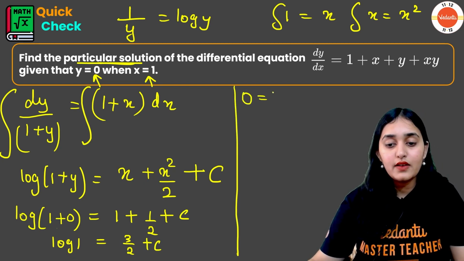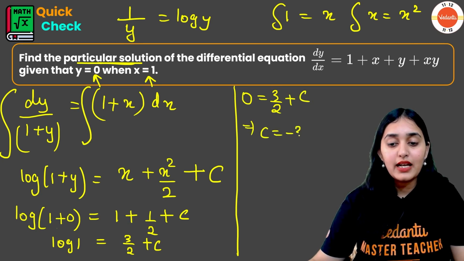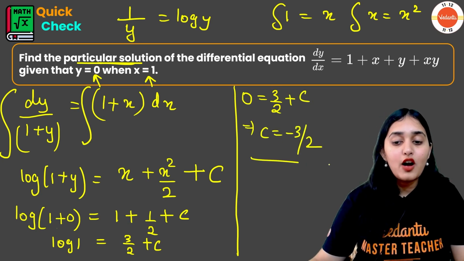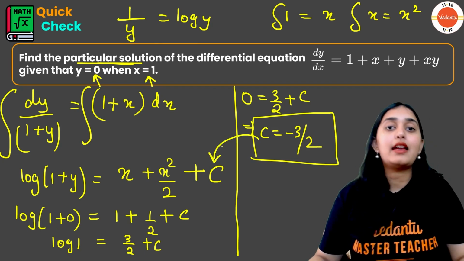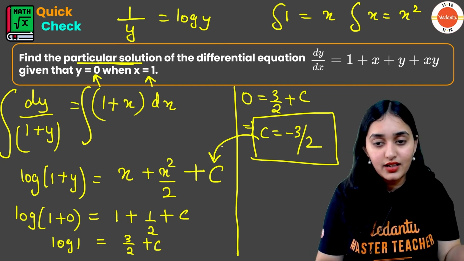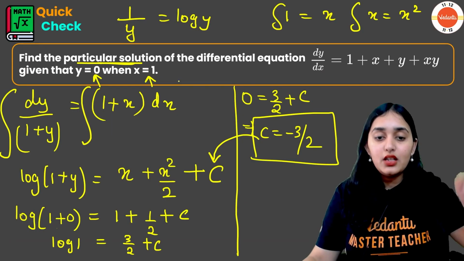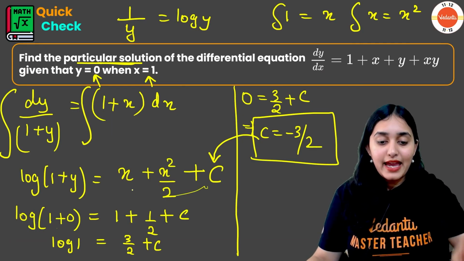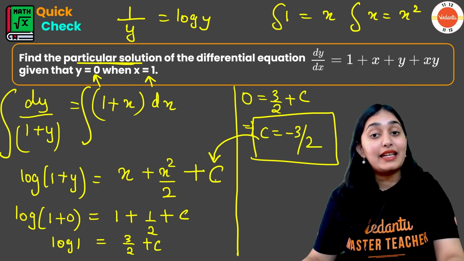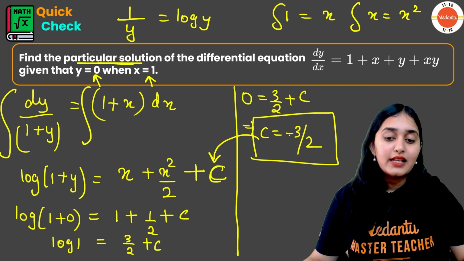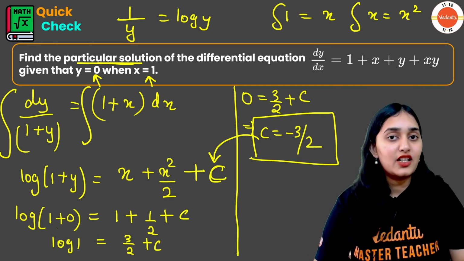So 0 is equal to 3 by 2 plus C. This implies that C is equal to minus 3 by 2. Just put it over here and you have the particular solution. The particular solution of this equation will be x plus x square by 2 plus minus 3 by 2. So just put C as minus 3 by 2, you will get the particular solution.